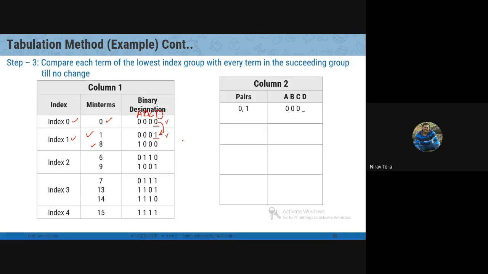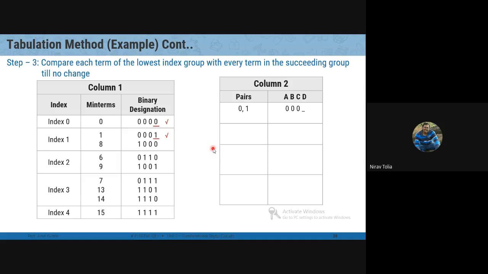Okay. Now again, let me erase those things. Now, check for the 0 and 8. So the first bit A is changing from 0 to 1, B remains same, C remains same, D remains same.